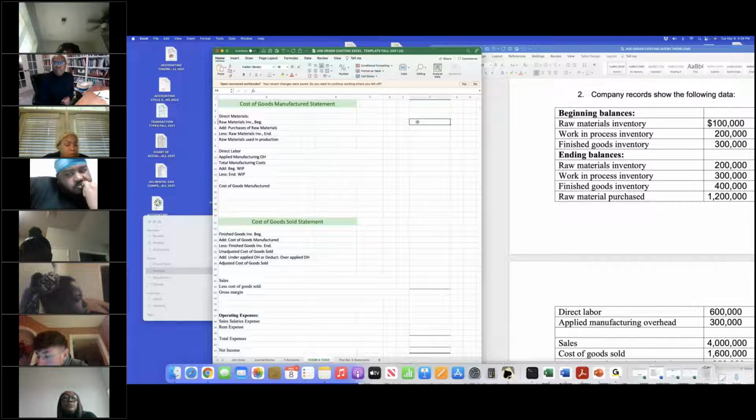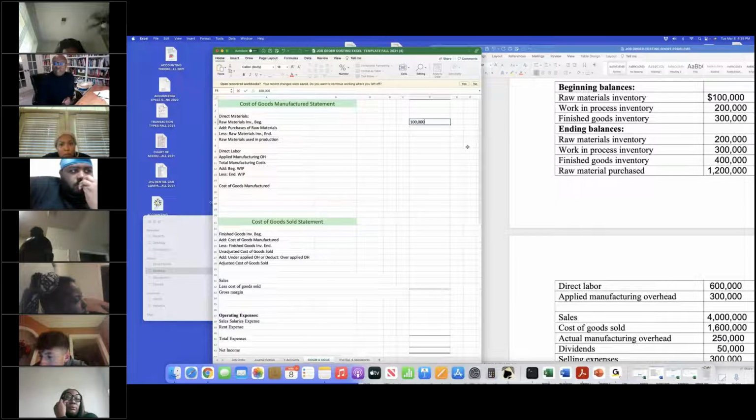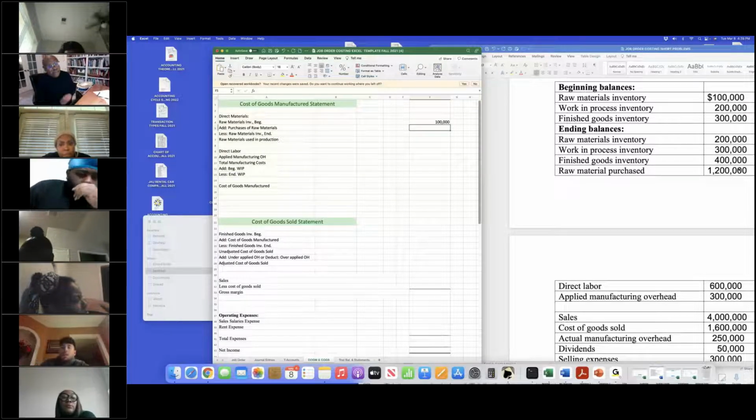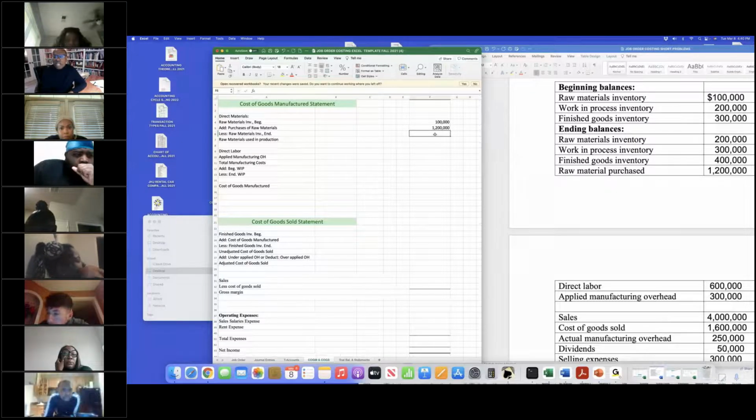And the purchases of raw materials, how much did we purchase? 1,200,000. All right. It says less the ending raw materials inventory. How much did we have at the end? 200.